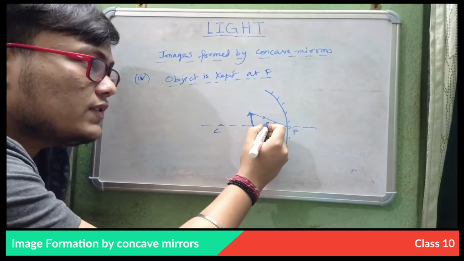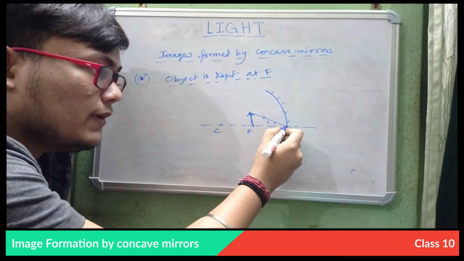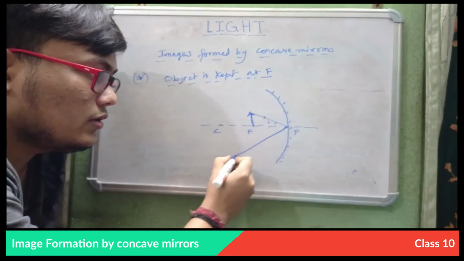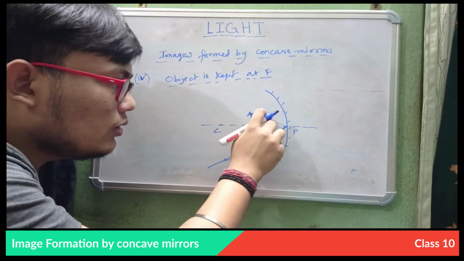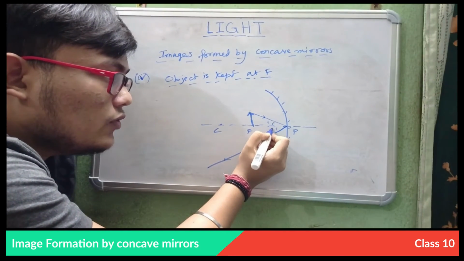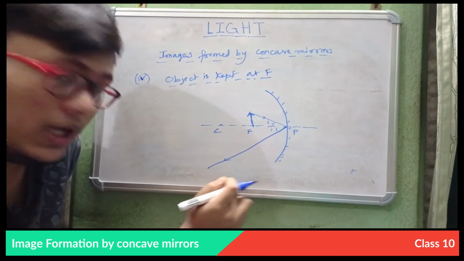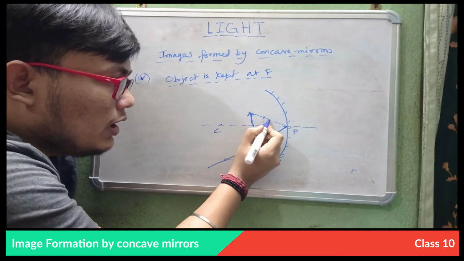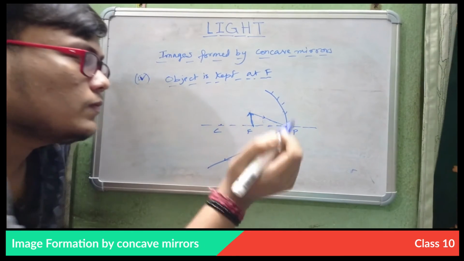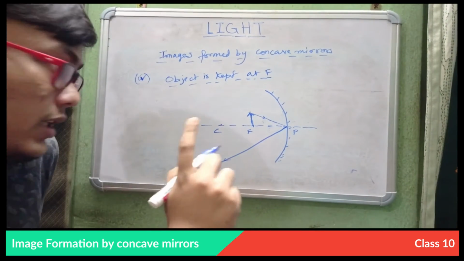So if this is the angle of incidence I, the angle of reflection will also be I. This is from the rules I mentioned in my last videos. The first ray is incident directly at the pole.